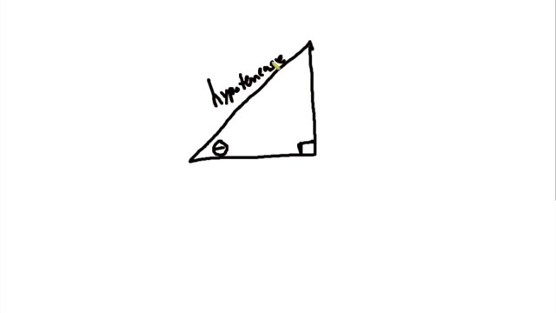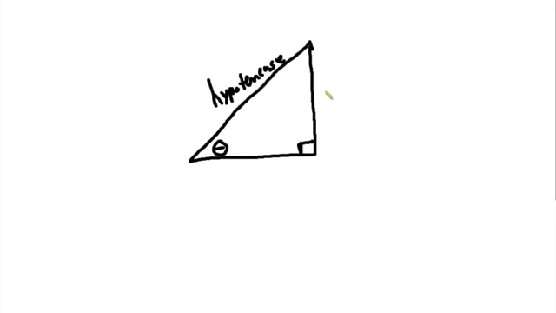So sine, cosine, and tangent are used for a right triangle. So we'll have some angle theta in the triangle. And remember, in a right triangle, the side across from the right angle is the hypotenuse.